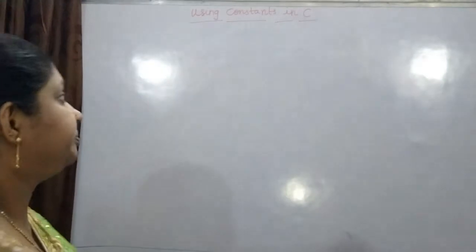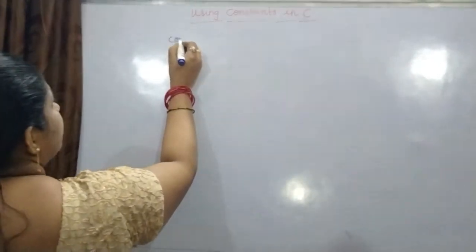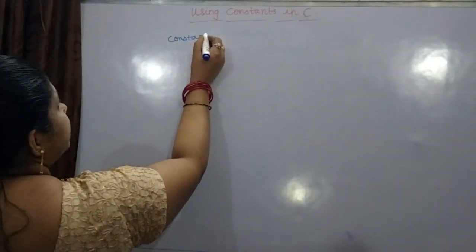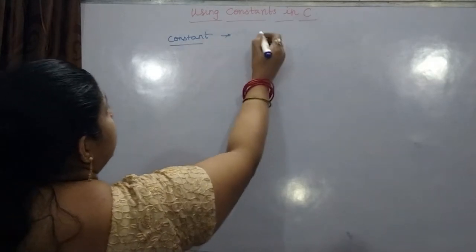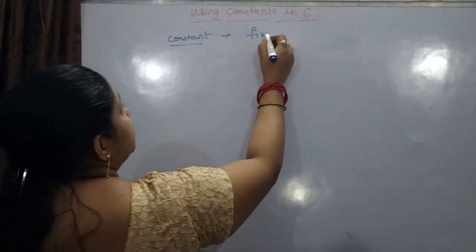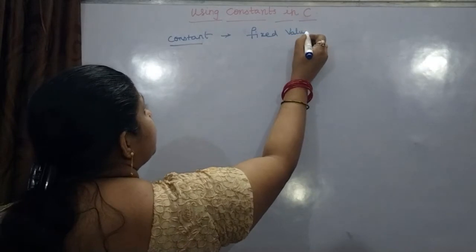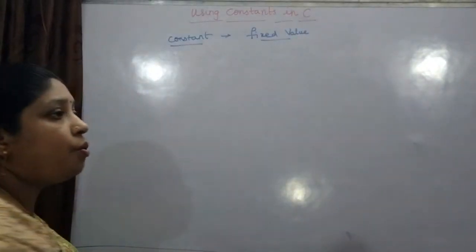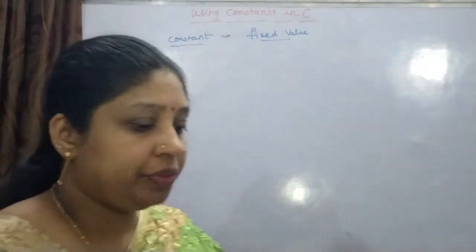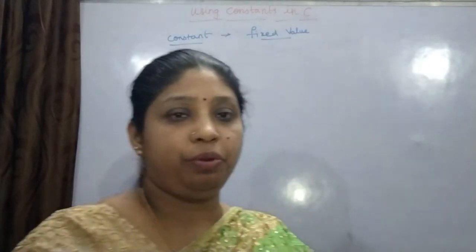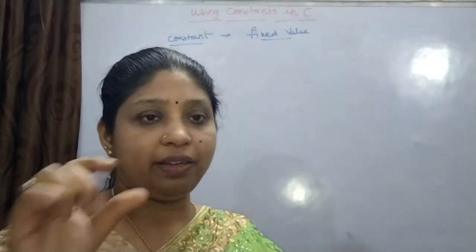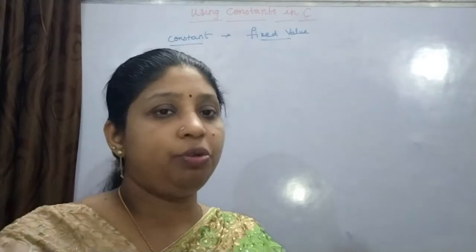Now, constant. What is a constant? Already we have discussed in the last class. It is a fixed value, right? Constant is a fixed value. How can you say that it's a fixed value? Before writing the program, you have to declare a constant and assign one value to it.